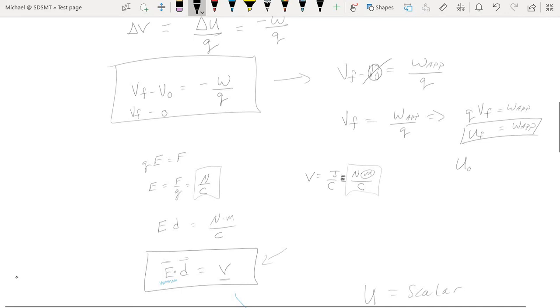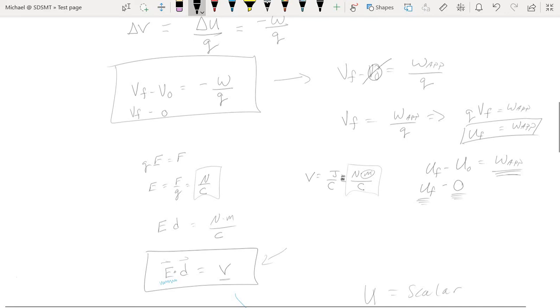Potential energy is supposed to be energy with the potential to do work, and that's exactly what we're doing. We are putting work into the system to take the potential energy from a 0 value to a non-zero value.